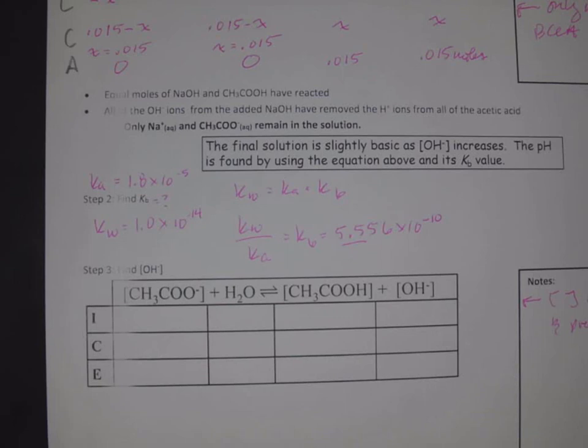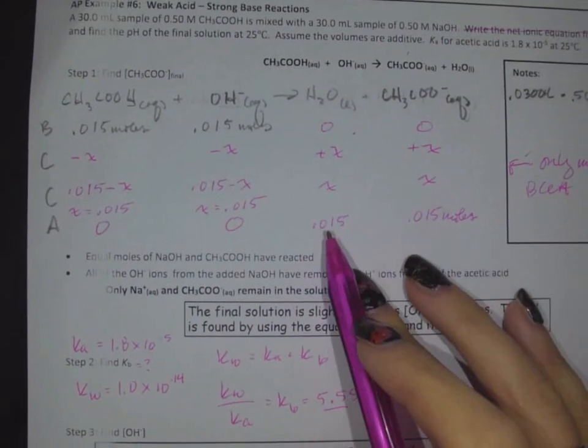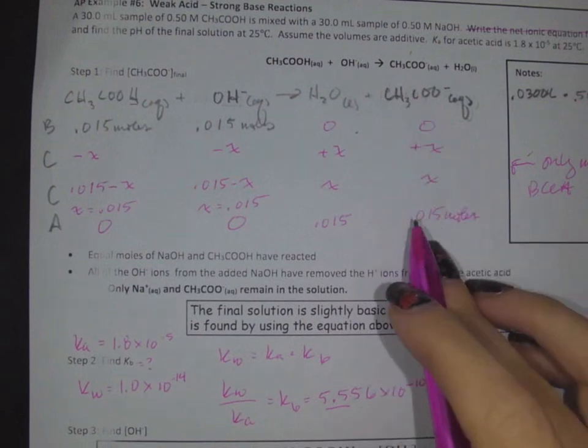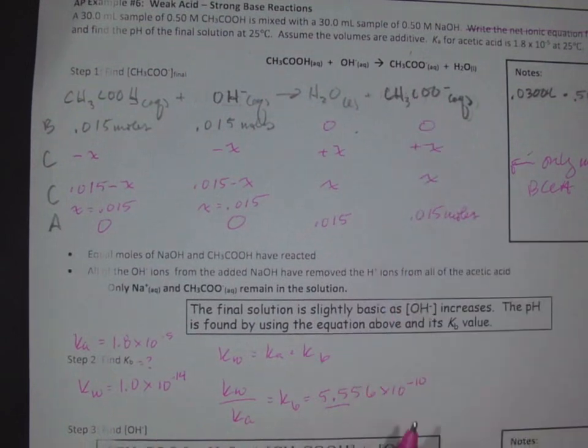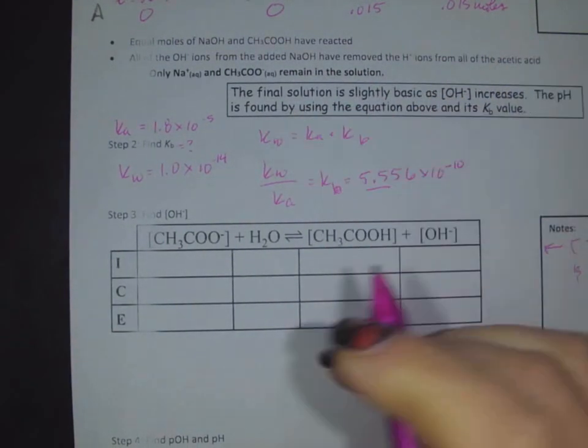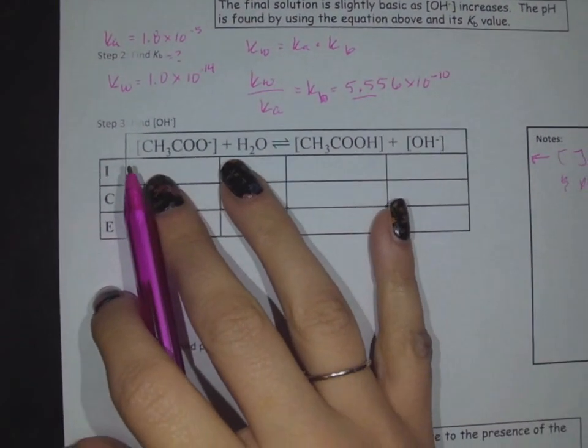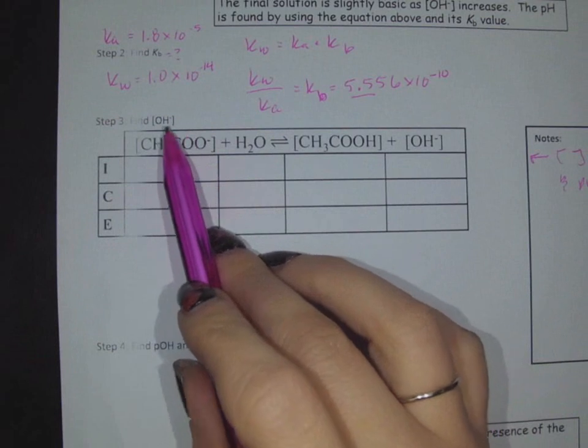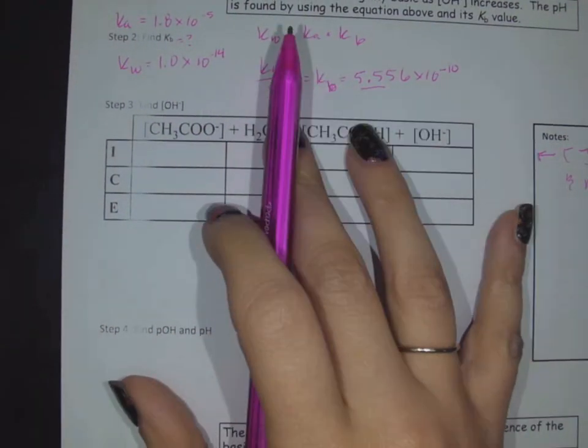Okay. So now that we know that other than the water, the only thing we have in here is this conjugate base, and we solved for the Kb, we're going to see what's going to go on with an equilibrium reaction of this conjugate base.